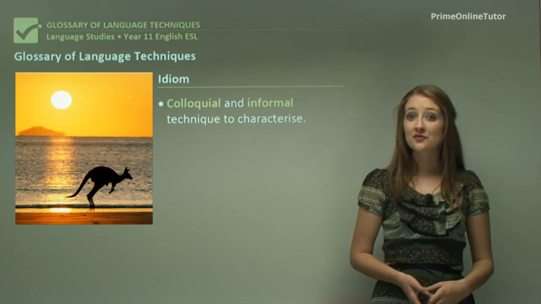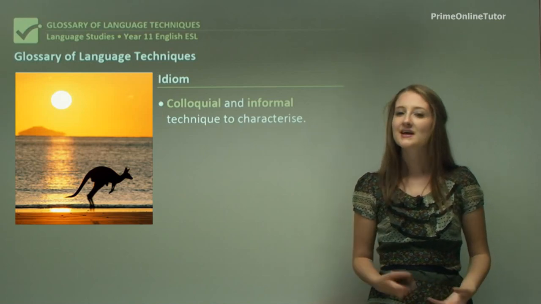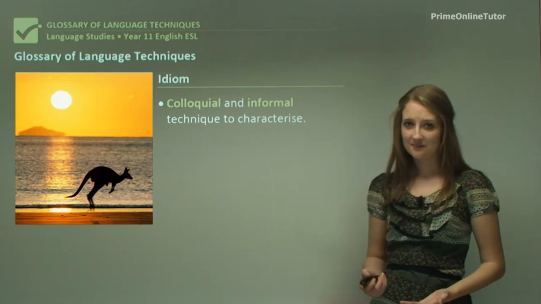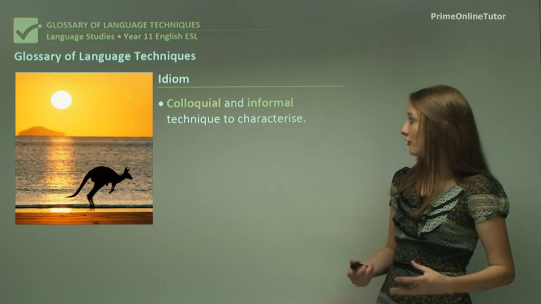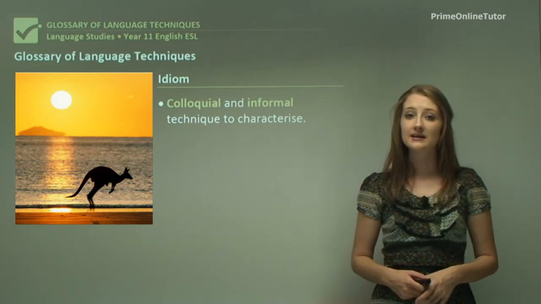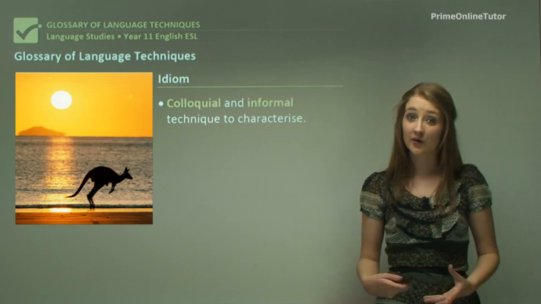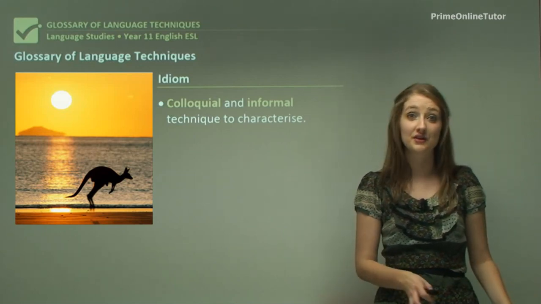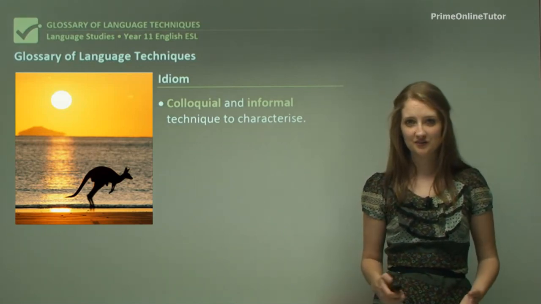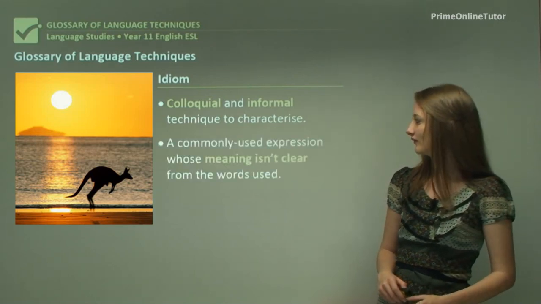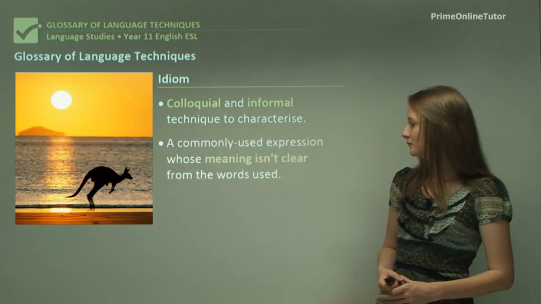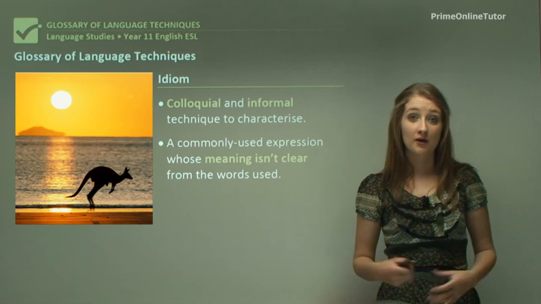So continuing on from the techniques that we've already looked at, let's start by looking at the idiom. Now the idiom creates a colloquial and informal technique in a way to characterize. So very much like colloquial language, it's more just a specific facet of that overall genre of technique. It's a commonly used expression whose meaning isn't clear from the words used.